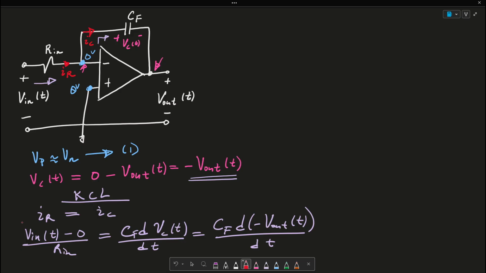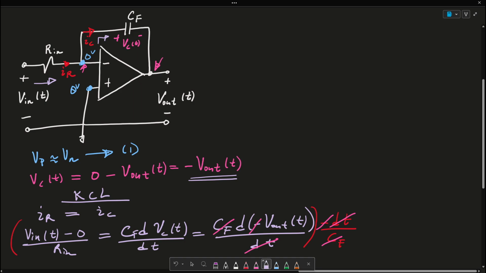What I'm going to do is multiply both sides of this equation by minus dt over C feedback. On the top here, this CF cancels out with this CF, this dt cancels out with this dt, and this negative cancels out with this negative. So I can rewrite my equation.